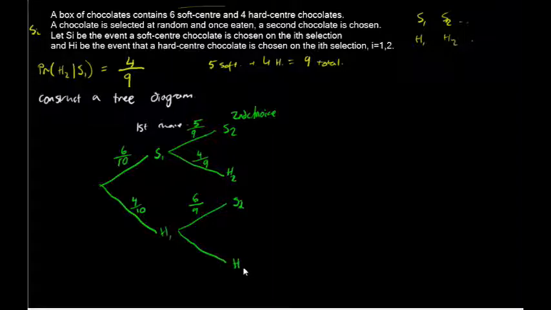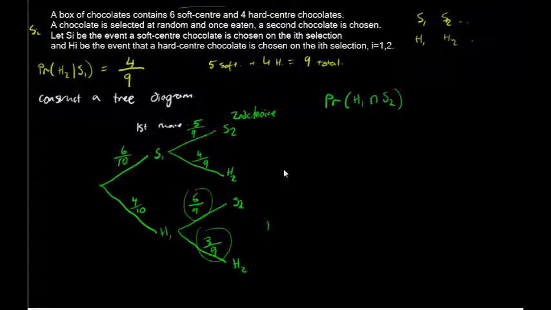But for a hard center, we've got 3 left over out of a possible 9. And just notice that if we added those two up, we get 1. And same thing up here. They have to equal 1 because we have to have the event. It's not all 4 added up to 1, it's just those 2 on those 2 leaves. So that's a tree diagram.